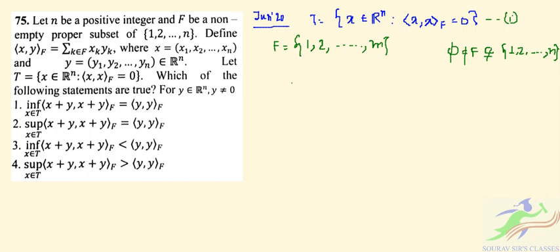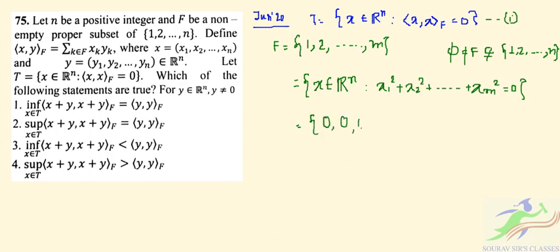From equation 1 we can write, for x an element of R^n, the inner product as x1 square plus x2 square plus up to xm square equal to 0, which is nothing but the sequence 0, 0, up to xm plus 1, and the final element will be xn. So when we solve T, the sequence will look like this. Now check the options one by one.